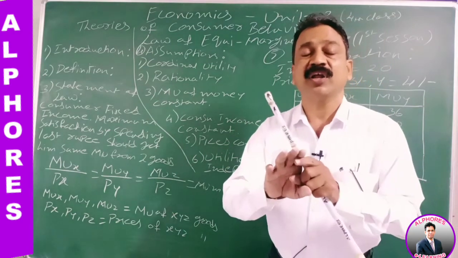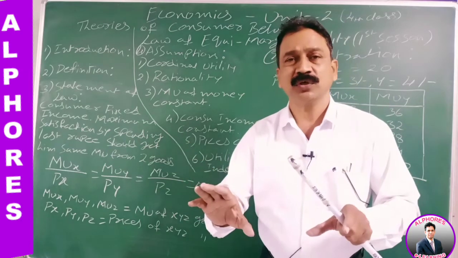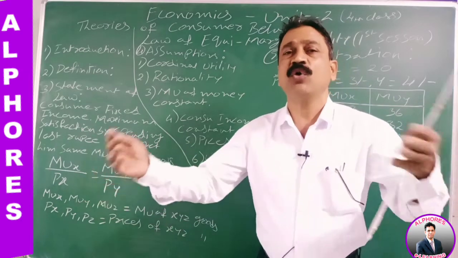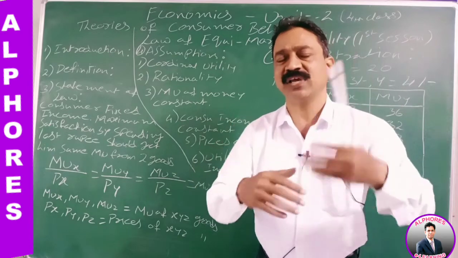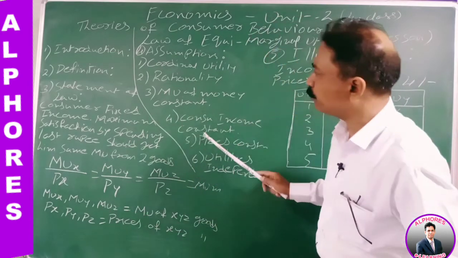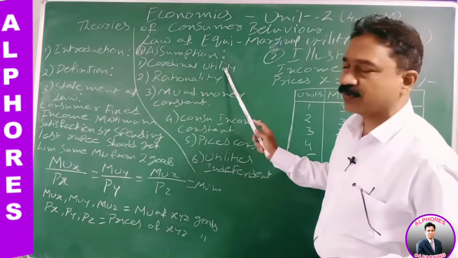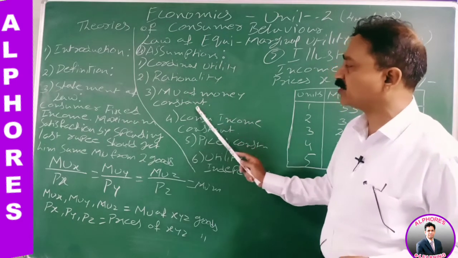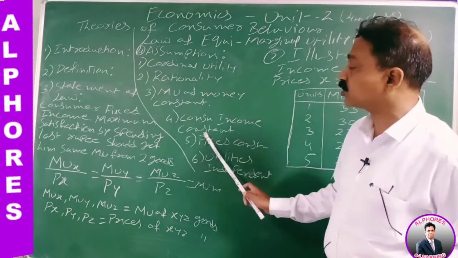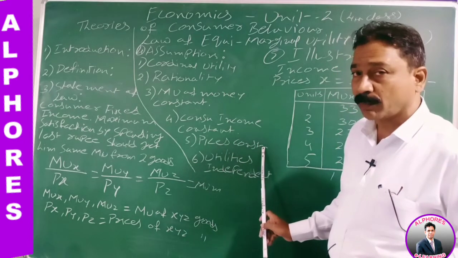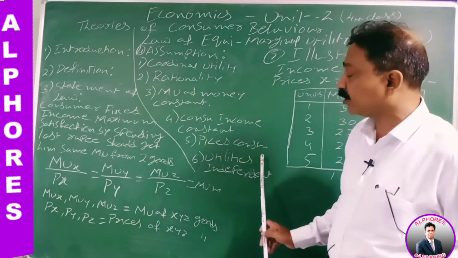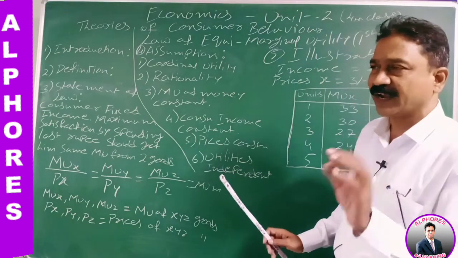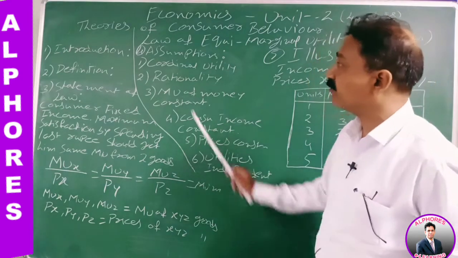Means there are no complementary goods, nothing which is going to be added to give us satisfaction. So simply, the assumptions are: cardinal utility method, rationality of consumer is accepted, marginal utility of money is constant, consumer income is constant, commodity prices are also constant, and all the commodities' utility is independent. With this we completed the assumptions.